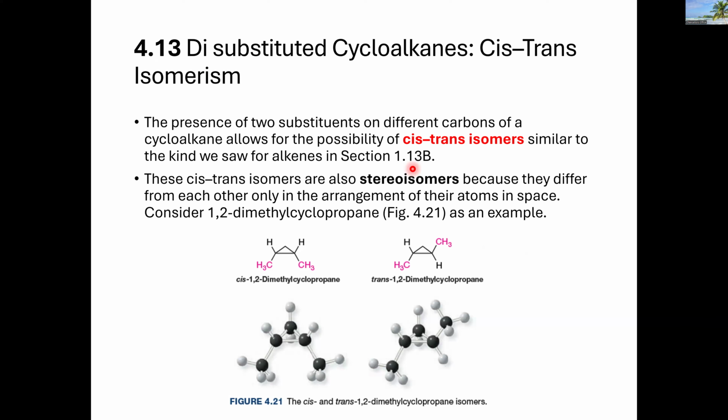Okay, so that's why there is a different type of isomer for cyclohexane brought by the cyclic ring. So you have the cis-trans isomers. This type of isomer is what we call stereoisomers. But are they conformational isomers? Yes or no?